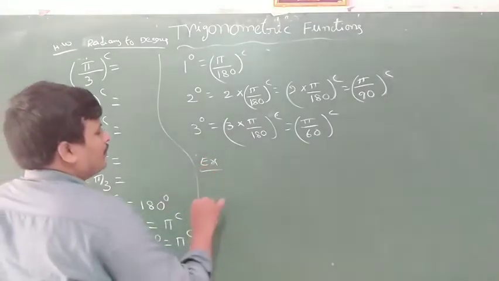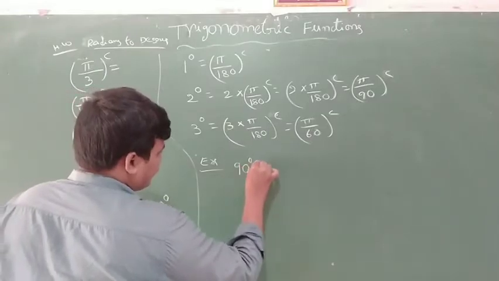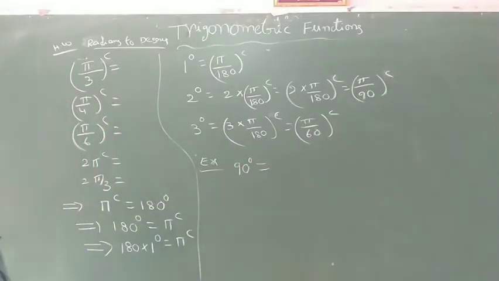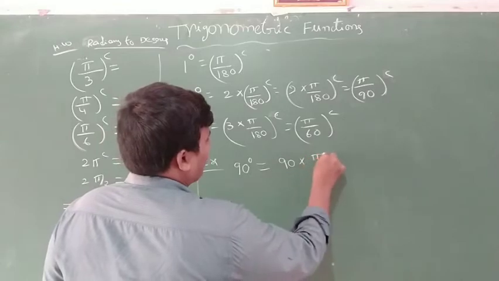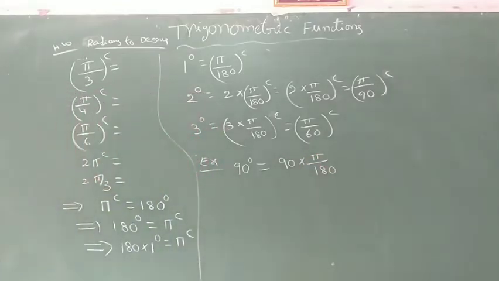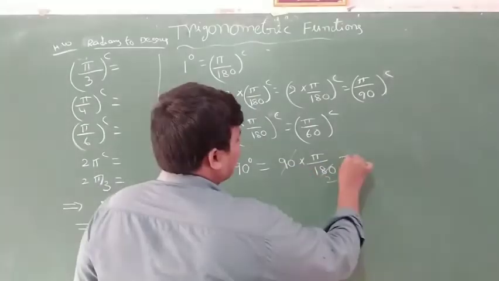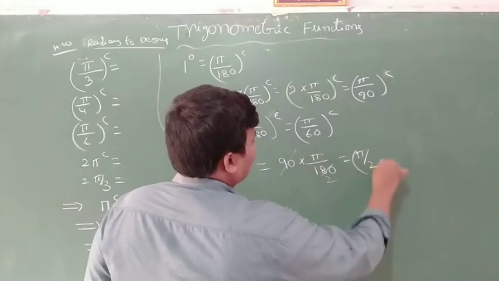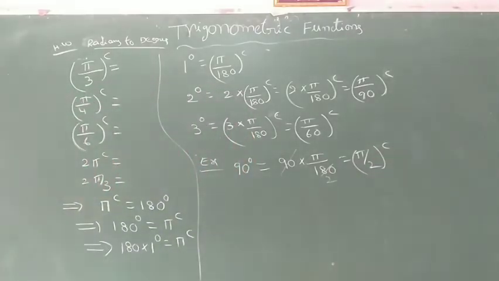Example: 90 degrees is equal to 90 into pi by 180, so that is equal to pi by 2 radians. 90 degrees is equal to pi by 2 radians.